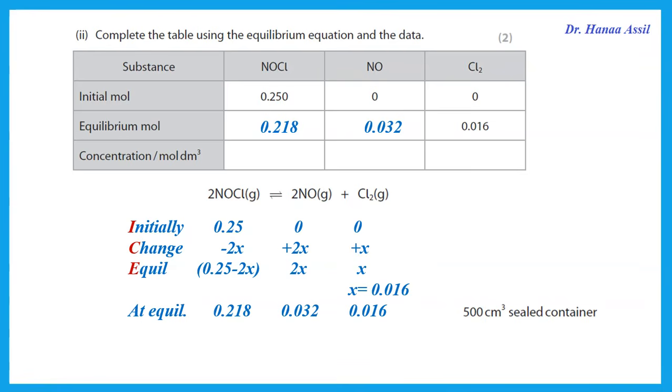Now, we were told that the volume is 500 centimeter cubed, which means 0.5 decimeter cubed. We divide by 1,000, of course. And that means the concentration of each of these would be the number of moles divided by the volume. If we do that, we find that these are the concentrations of each of the gases at equilibrium.